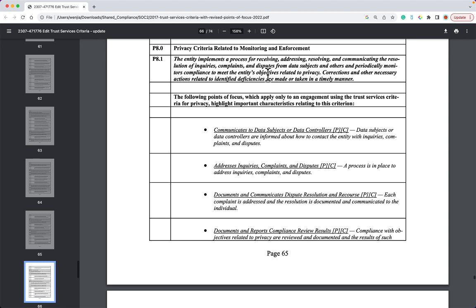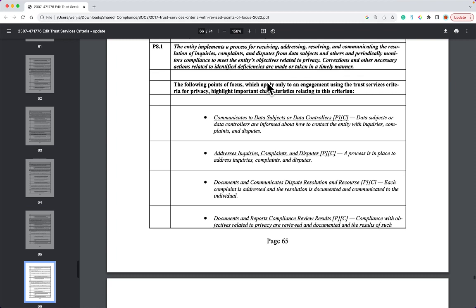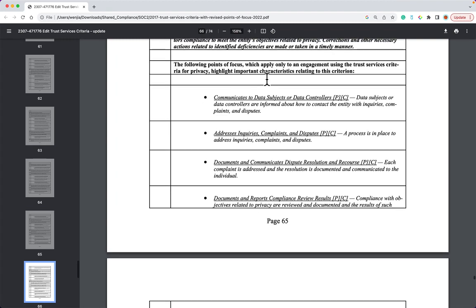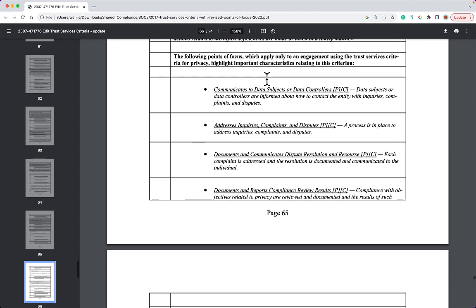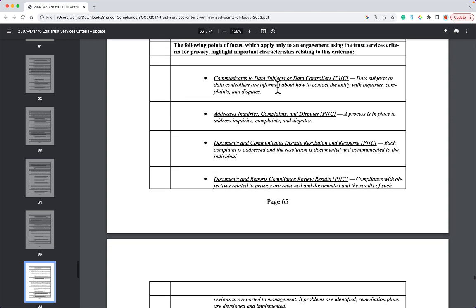So you are facing all these kinds of requests, so you need to monitor, and when you realize there is some deficiency, you need to have some response, you need to have some corrections. So communicates to data subjects or data controller.